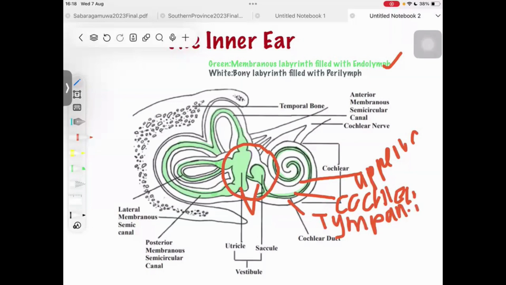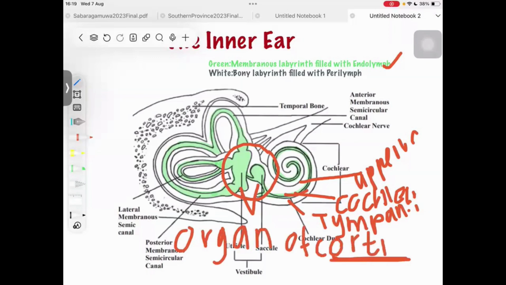So basically, the floor of the cochlear duct, as you can see, this cochlear duct, the base surface of the cochlear duct is called the basilar membrane. In this basilar membrane, there is a special structure called the organ of Corti. Now, this organ of Corti is the structure which is responsible for auditory reception.